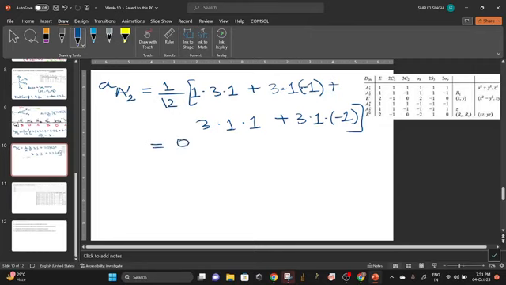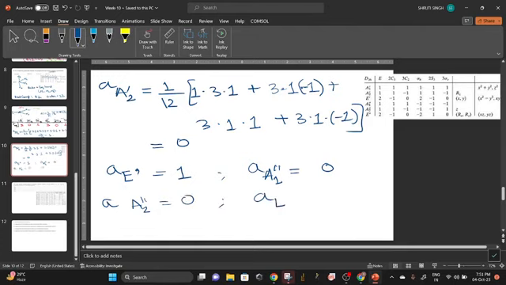Similarly, if you do the rest, we will get the coefficient of E dash equal to 1 here, and the coefficient of A1 double dash will be 0, the coefficient of A2 double dash will also be 0, and lastly the coefficient of E double dash will also be equal to 0.